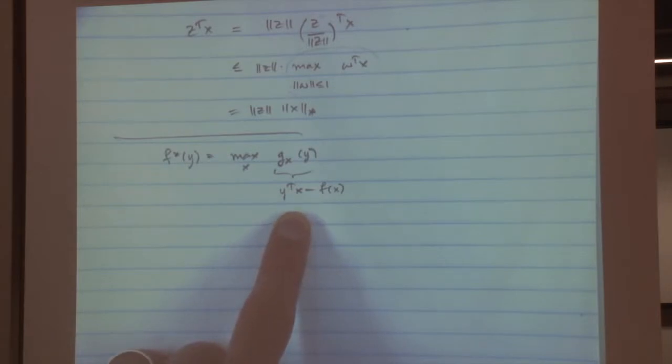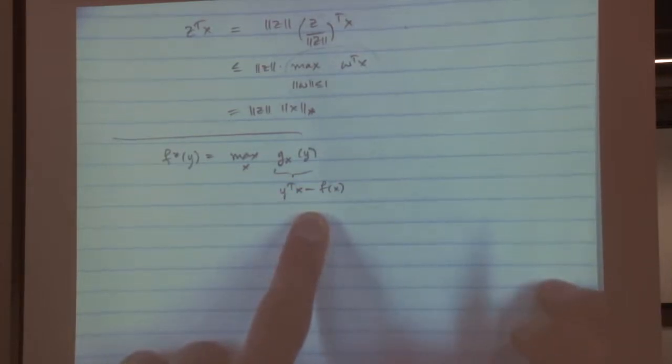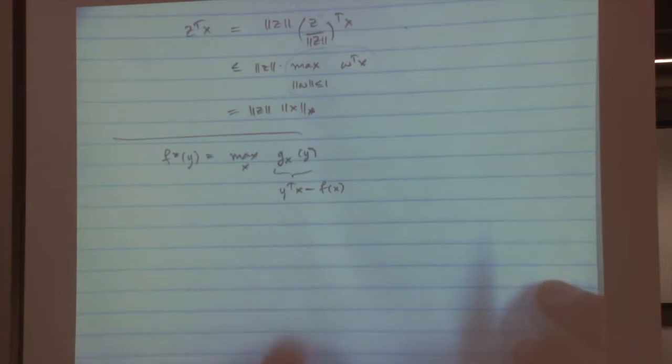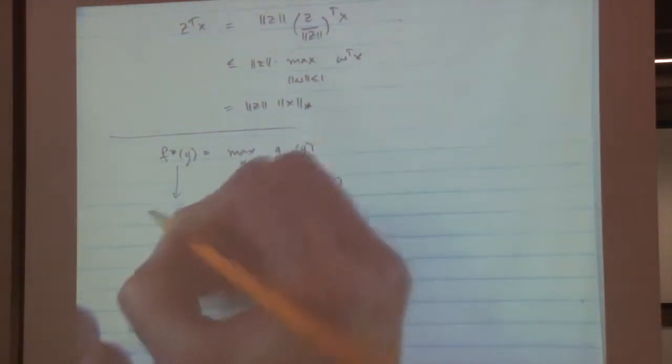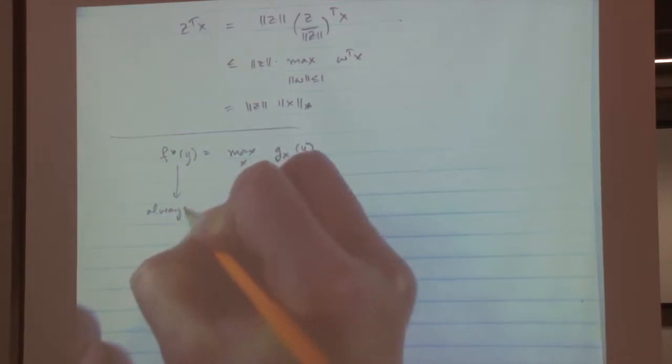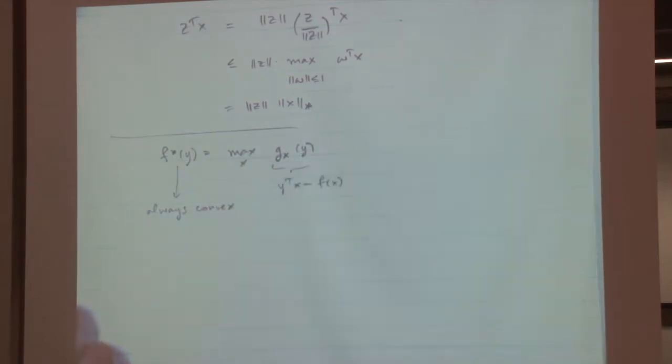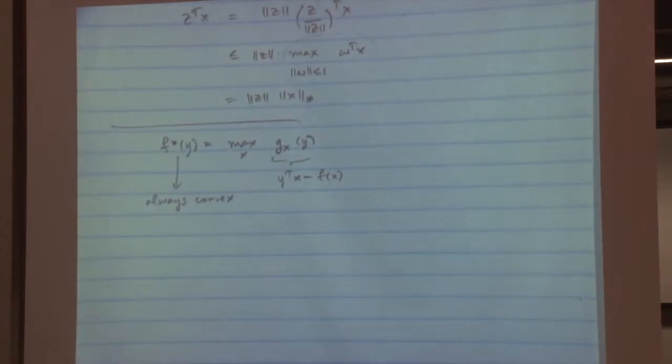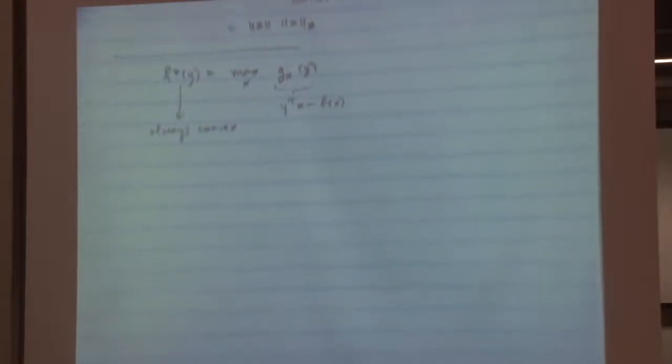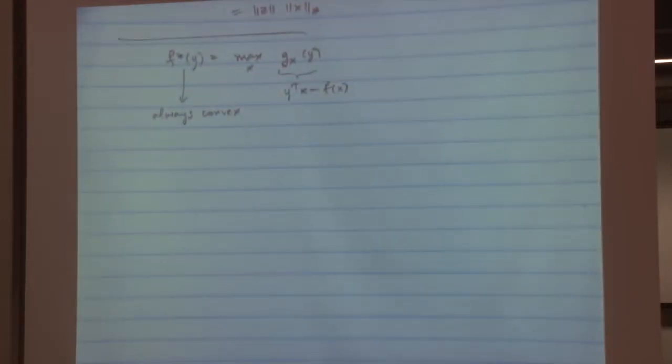It's just linear. It's affine, actually. So I'm taking a maximum of affine functions of y. I'm taking an infinite maximum of them, but it doesn't matter, because a maximum of convex functions, no matter how many things I'm taking the maximum over, is always convex. So that means that this is always convex, because affine functions are convex, so I'm taking a maximum over convex functions. That's analogous to what we learned in duality, which is that the dual problem of any problem is always a convex problem. Analogously, the conjugate of any function is always a convex function, even if the original function wasn't convex.